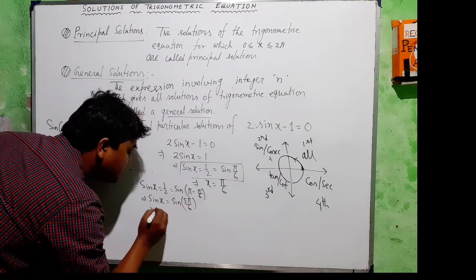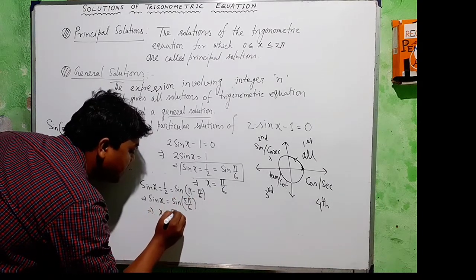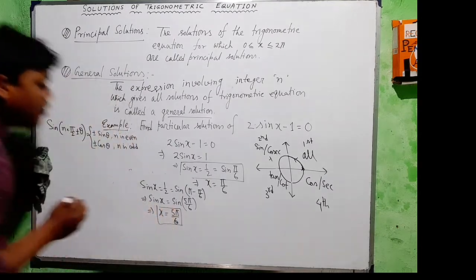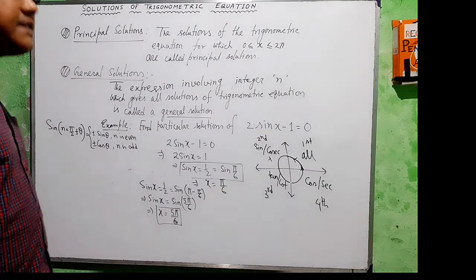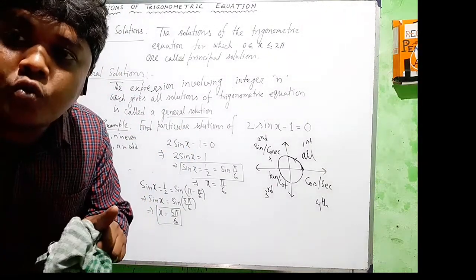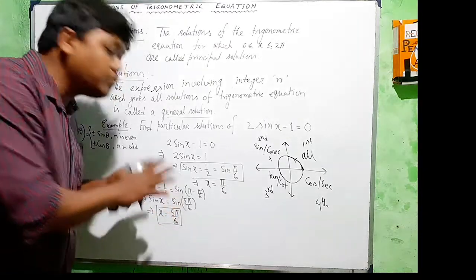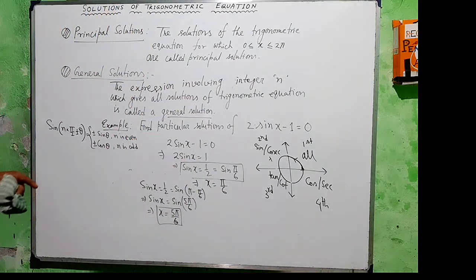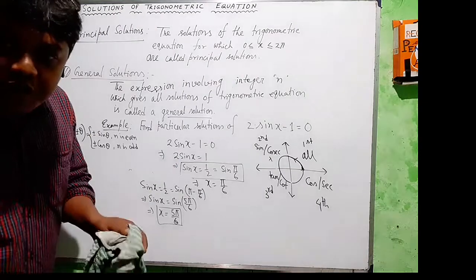So from this equation x equals 5 pi by 6. So x equals 5 pi by 6 and x equals pi by 6 both lie in 0 to 2 pi. So these two solutions are the principal solutions of the equation 2 sin x minus 1 equals 0.